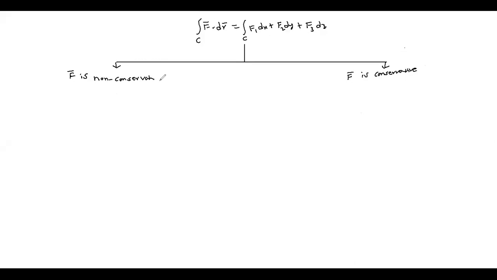If F bar is a conservative field, what is the question that we have to ask? Whether C is an open curve or C is a closed curve.